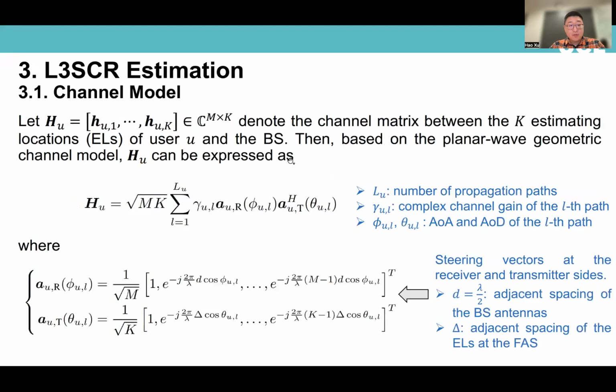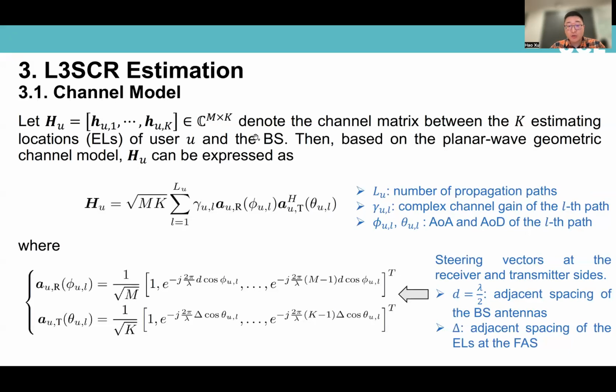To this end, we first introduce the channel model. We let H_U denote the channel matrix between the K estimating locations of user U and the base station. Note that here H_U is different from the original complete channel matrix G_U.